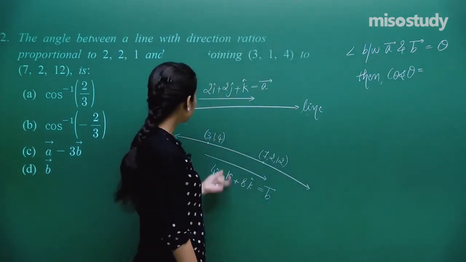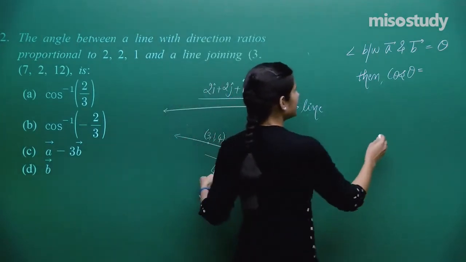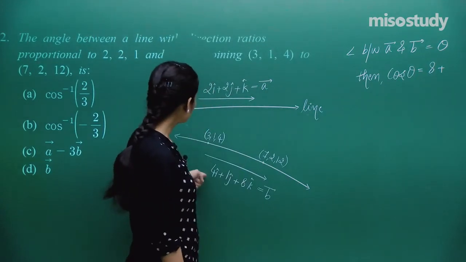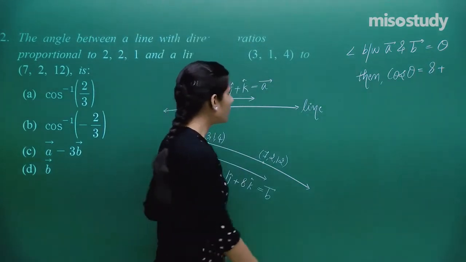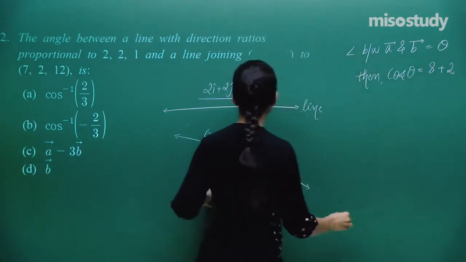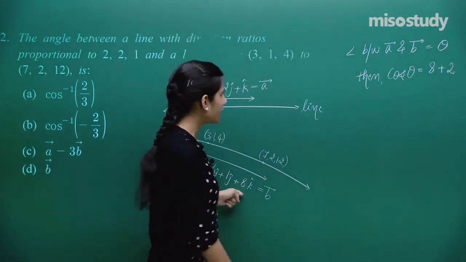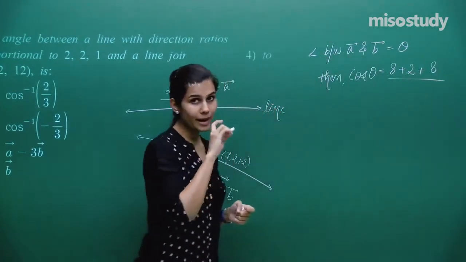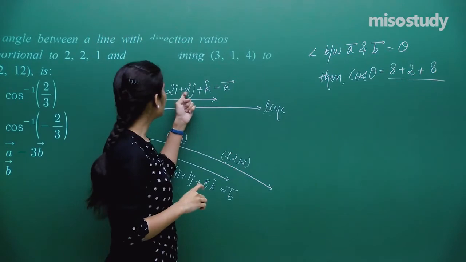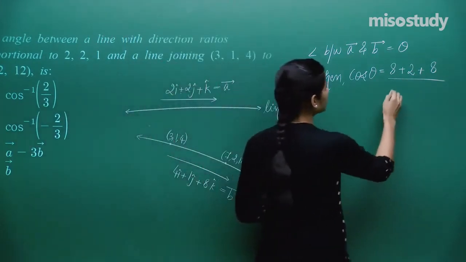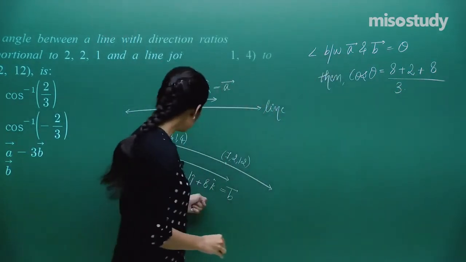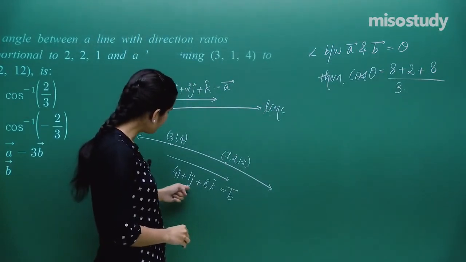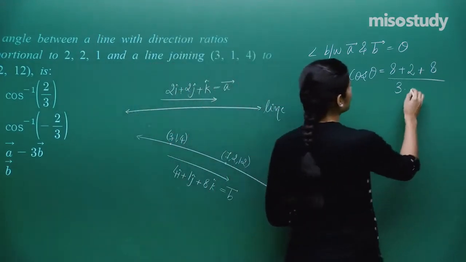A vector dot B vector: 2 into 4 is 8, plus 2 into 1 is 2, plus 1 into 8 is 8, upon magnitude of A into magnitude of B. This is 4 plus 4, 8, 8 plus 1, 9, root 9 is 3, multiplied by magnitude of B vector, 16 plus 64 plus 1, that is 81, root 81 gives you 9.